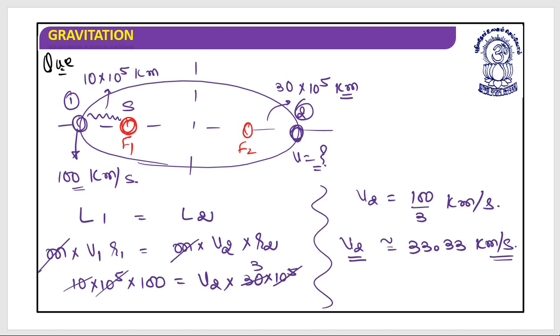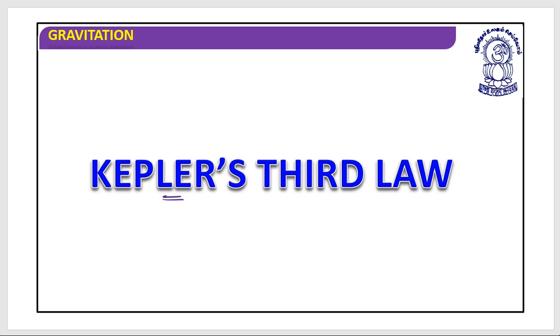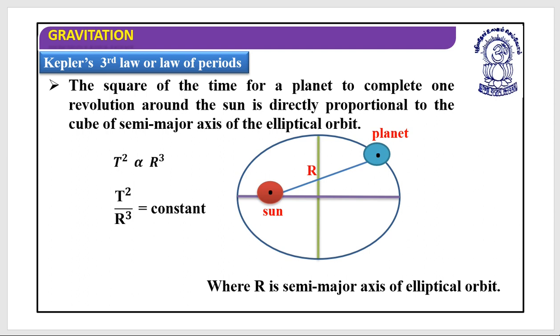Let's move to Kepler's third law. What does it say? Let's have a look. It says that the square of the time for a planet to complete one revolution around the sun is directly proportional to the cube of the semi-major axis of the elliptical orbit.